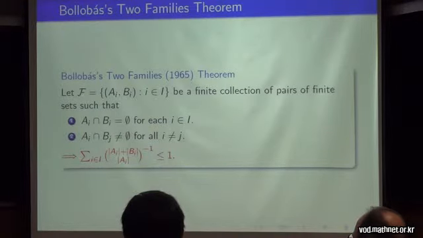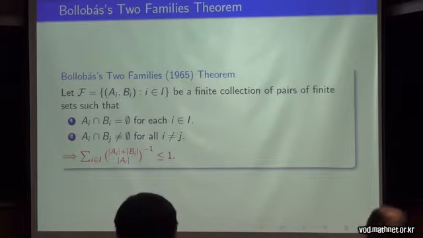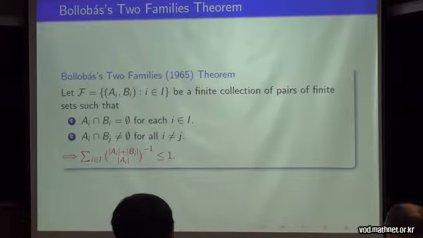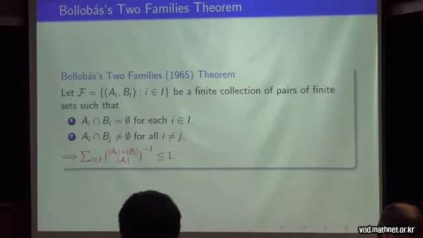In addition, the following Bollobás two families theorem is a very famous and well-known result in extremal set theory. For a finite collection of sets satisfying these two properties, the intersection of A_i and B_i is the empty set, and the intersection of A_i and B_j is not empty, then this equation holds. That is Bollobás's two families theorem.